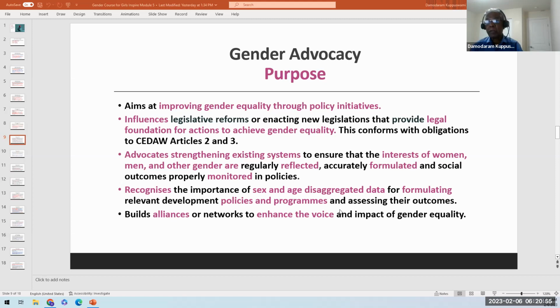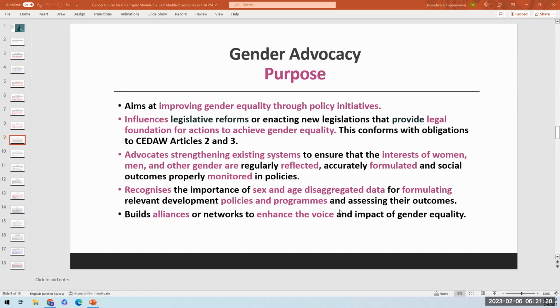To provide this, it needs gender disaggregated data, so that you can look at what differences exist. It also looks at whether it is specific when formulating policies and programs.